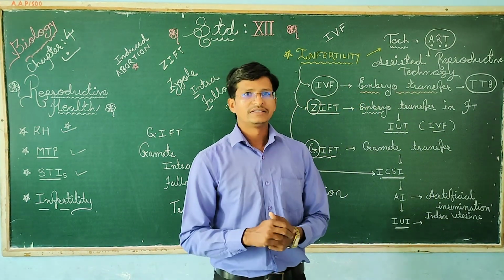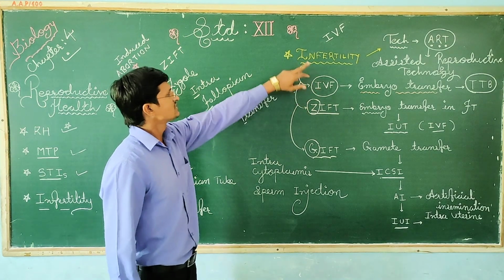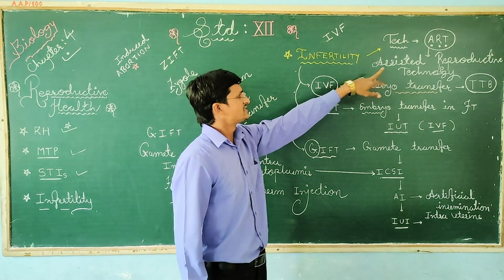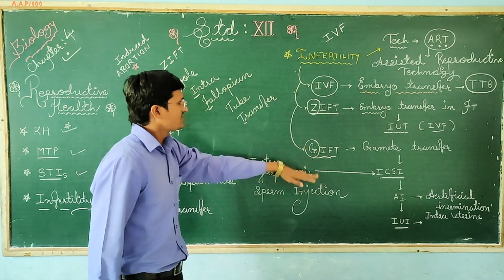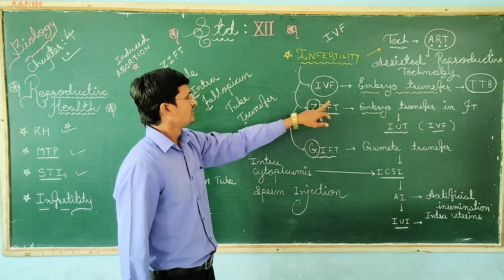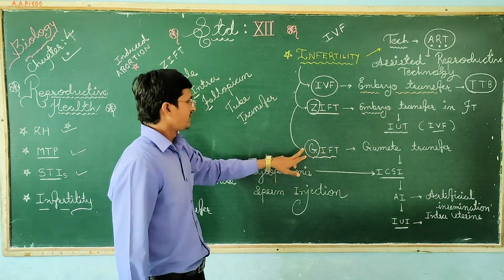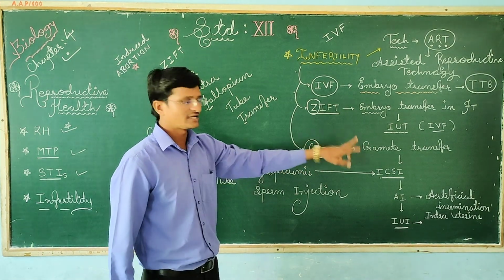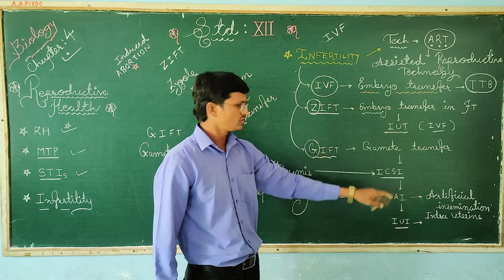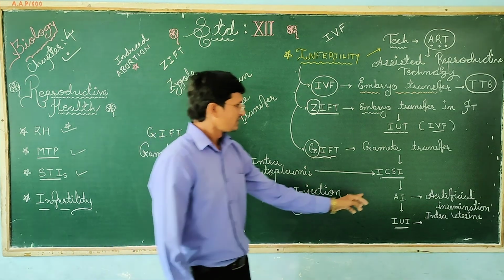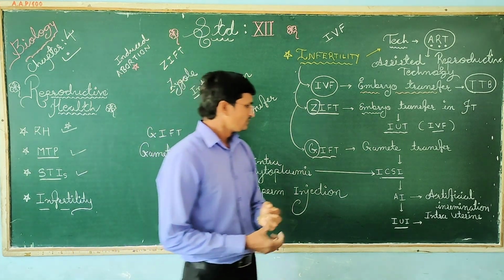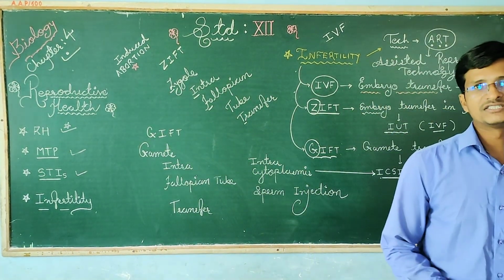So this is about the infertility related technologies. What we discussed here: IVF, in vitro fertilization, ART, assisted reproductive technology, and different methods like ZIFT, and sperm injection carried out with the help of artificial insemination and IUI, intrauterine insemination.